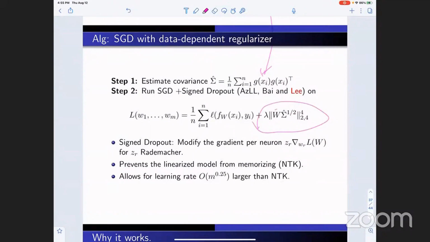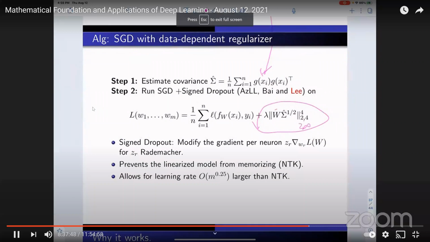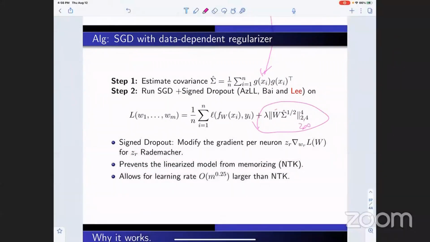The point is, it needs to be something like close to a 2 infinity norm, which is like every row cannot be too big. And that's for proof purposes. If you prefer, you can think of it as Frobenius norm, and morally it's still true. And then you run SGD with a modification of dropout: instead of 0, 1, use plus minus 1. This prevents anti-Hay behavior from happening and lets you use much bigger learning rates.